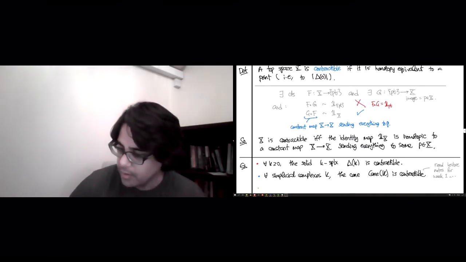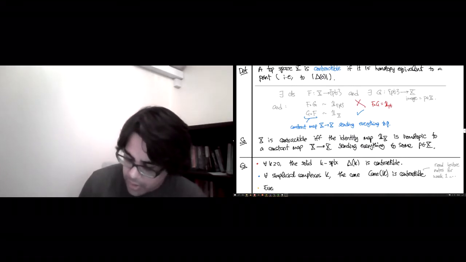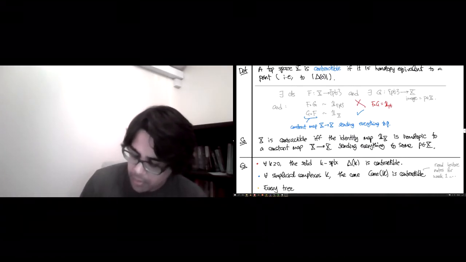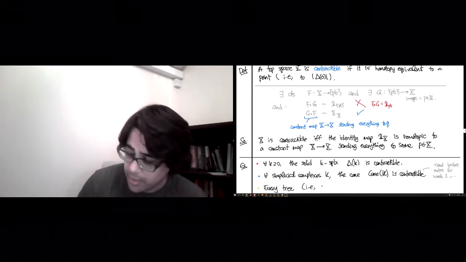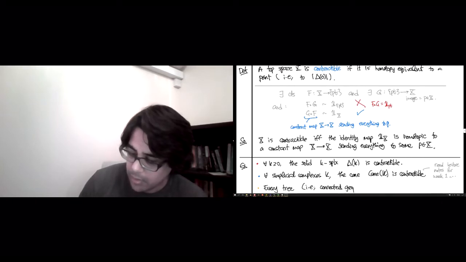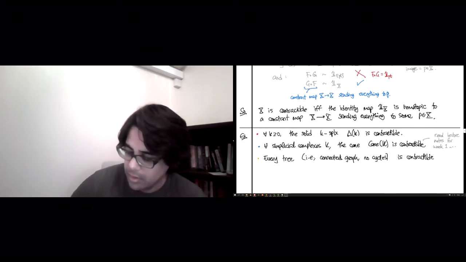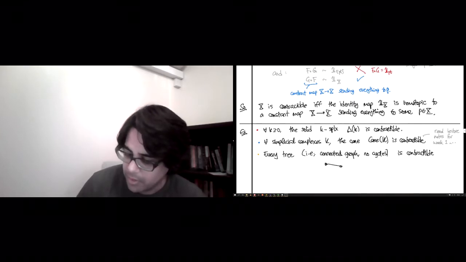And finally, every tree, and by tree I mean connected graph with no cycles, is contractible. So a tree might look like this.